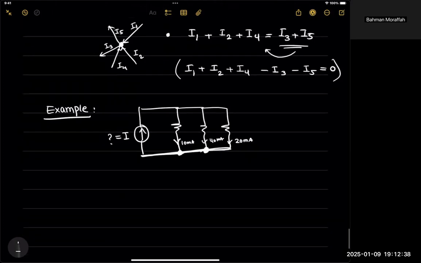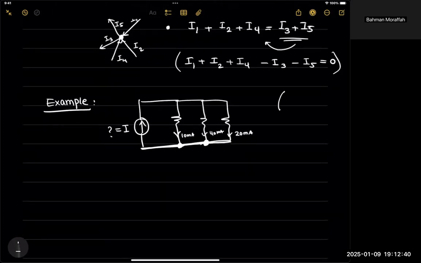So I can rewrite the whole circuit as something like this, and they all can meet at this one point and nothing gets changed, right? So the whole thing down here is one node.